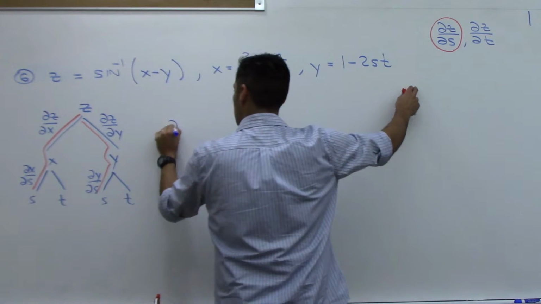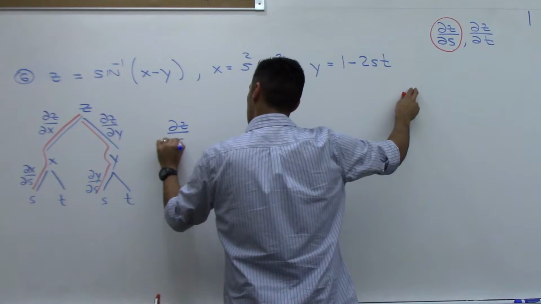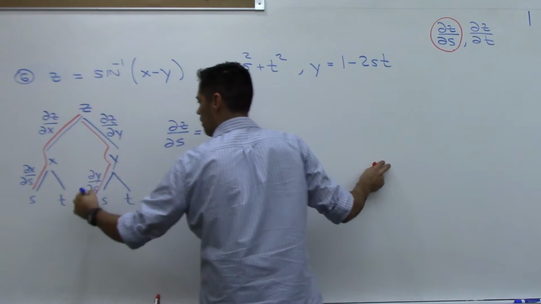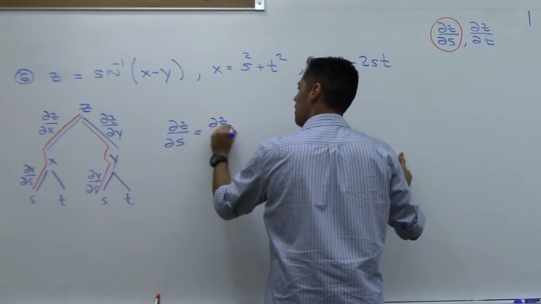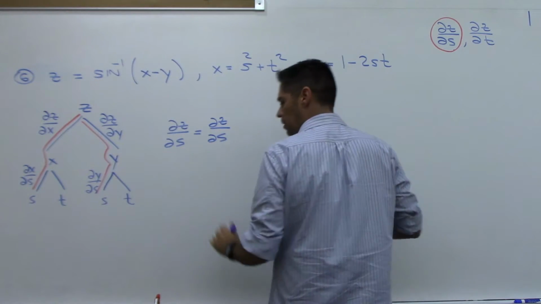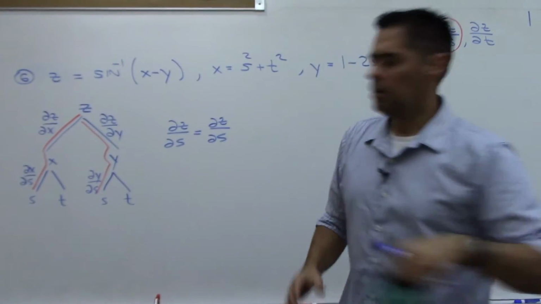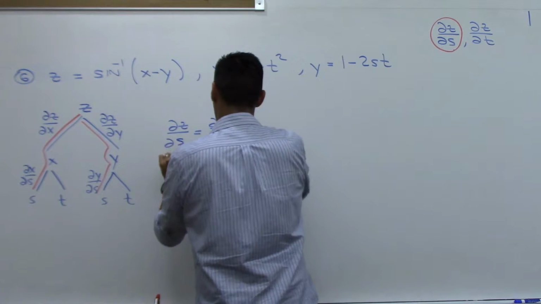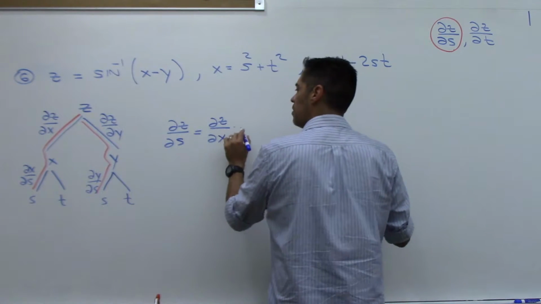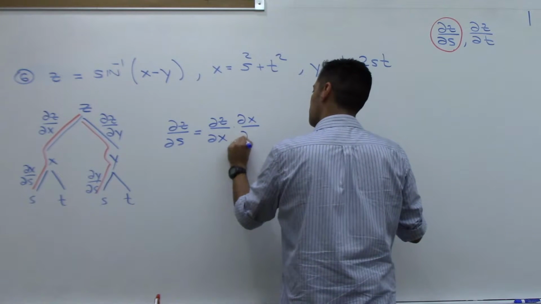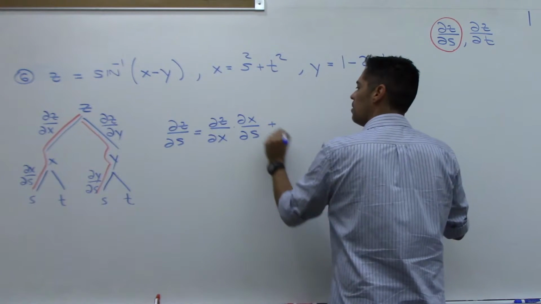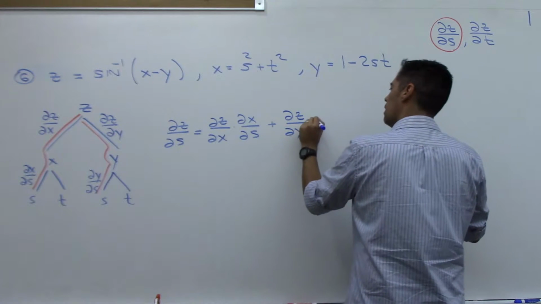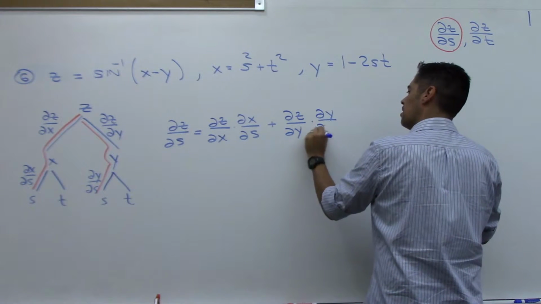So partial z with respect to s should be product of these 2 plus product of those 2. So partial z with respect to x times partial x with respect to s plus partial z with respect to y times partial y with respect to s.